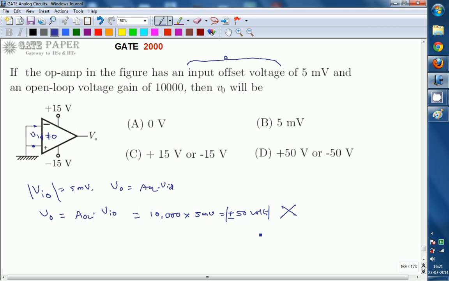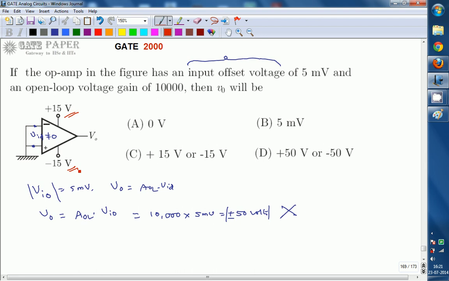Remember that. Why? Even though the multiplication yields 50 volts, the op amp is used only with plus or minus 15 volts supply. The maximum positive voltage is plus 15 volts, and the maximum negative voltage is minus 15 volts. The positive maximum is limited to plus 15 since the circuit is supplied with only that much voltage, and the negative maximum is limited to minus 15 volts.